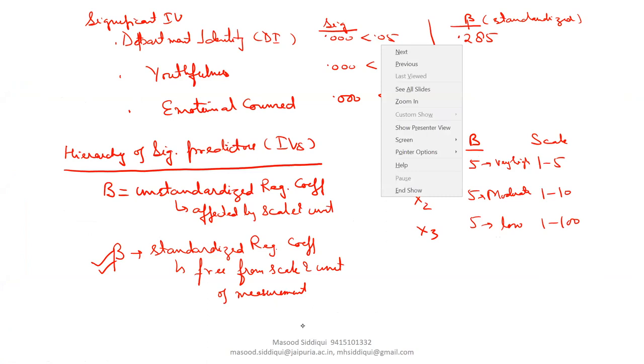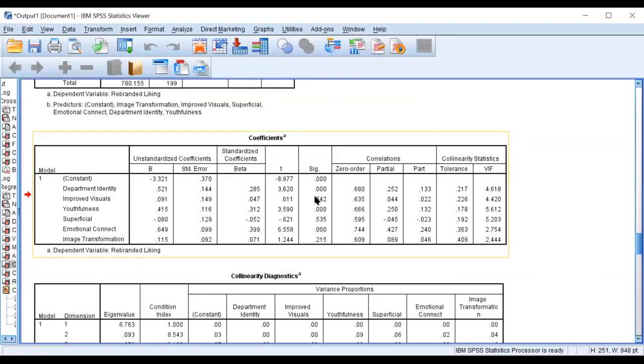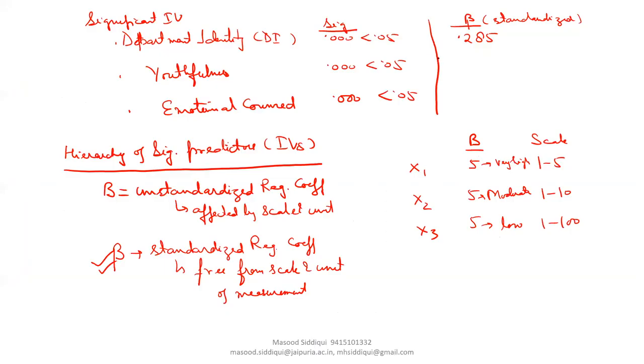Now the second value. The next significant predictor is youthfulness. It has a beta of 0.312.